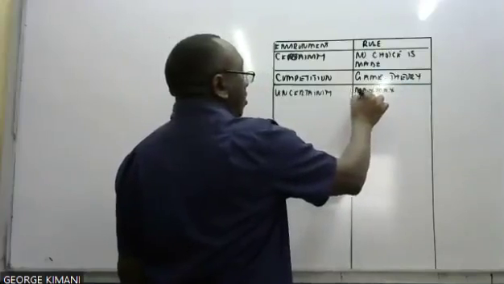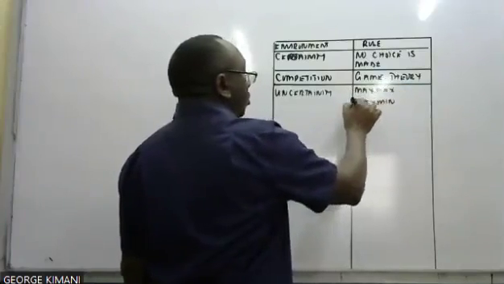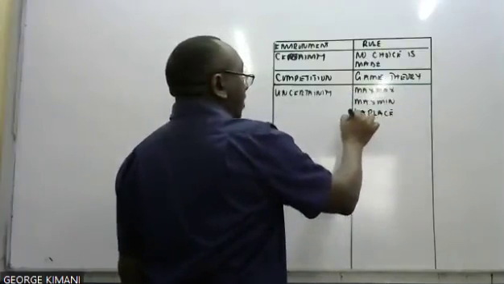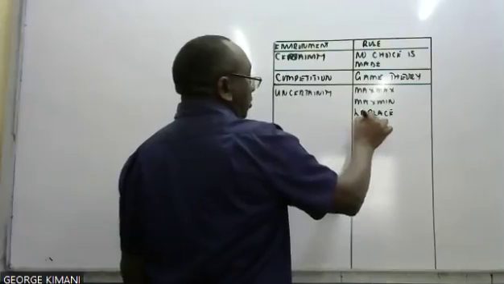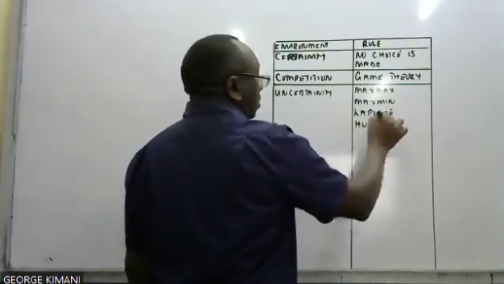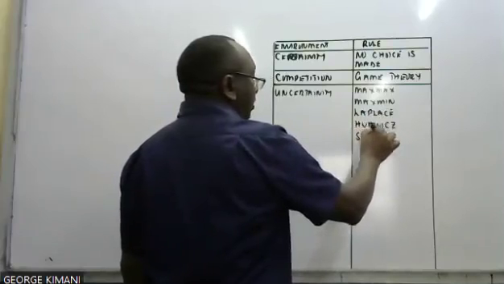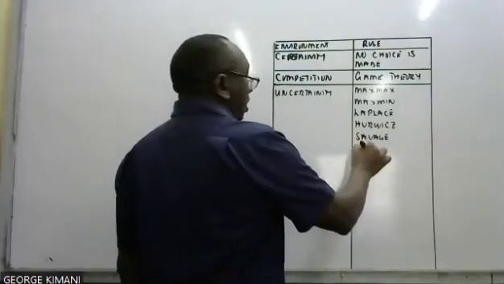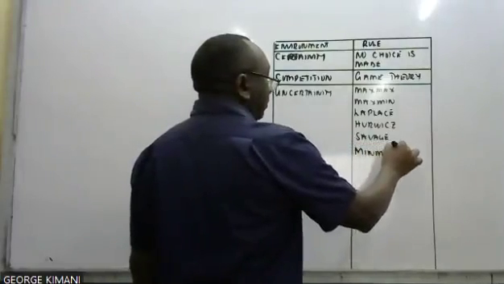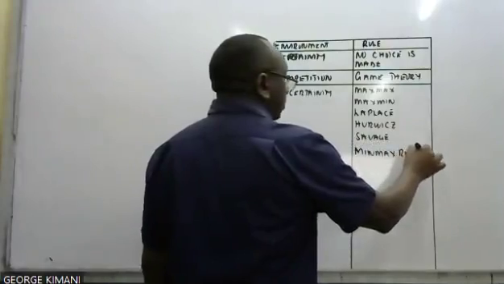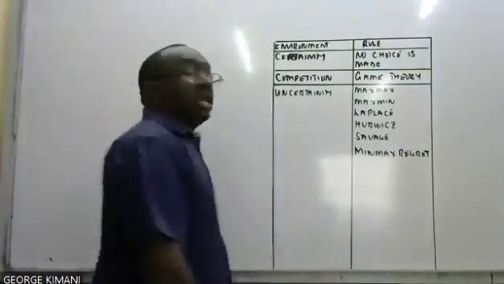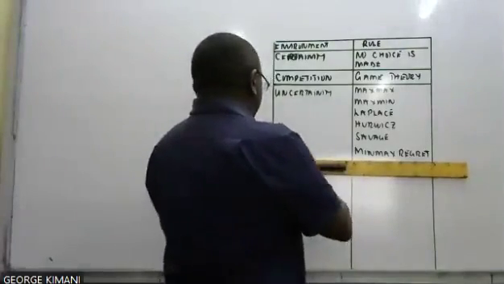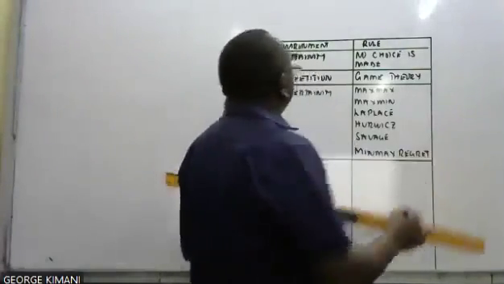We have another one called maximin. We have another one called Laplace. Another called Hurwicz. Another called Savage. And another called minimax regret. Those are the rules that are used in that environment.